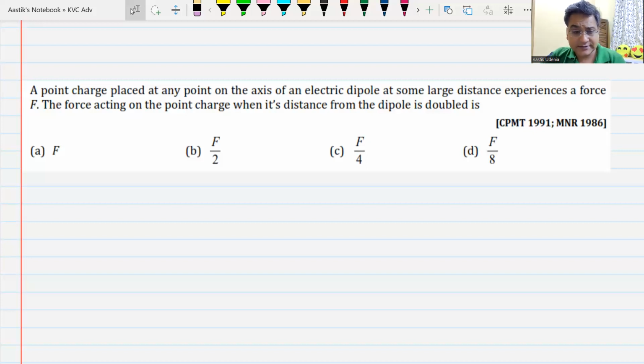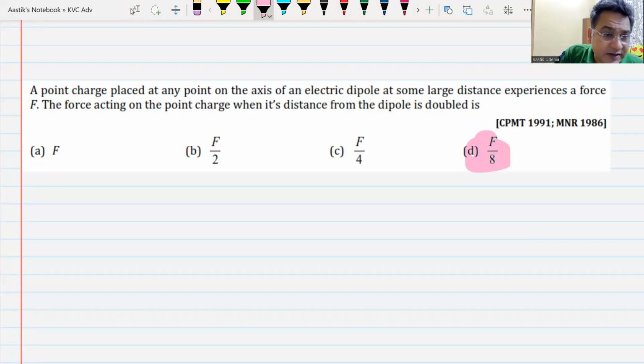And the answer is F by 8. It is proportional to 1 by r cube. The distance is doubled, so the force becomes 1 by (2r) whole cube, 8r cube, so it becomes 1 by 8 times. Do we understand this, or has this gone above our heads? Understood, sir.